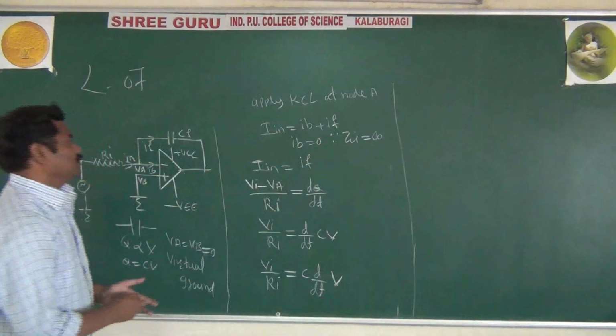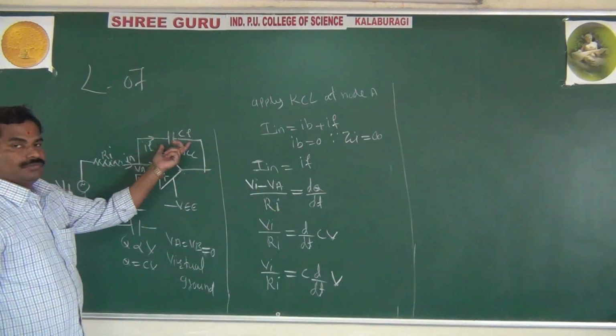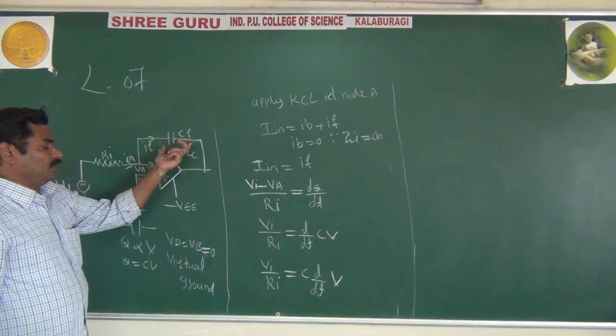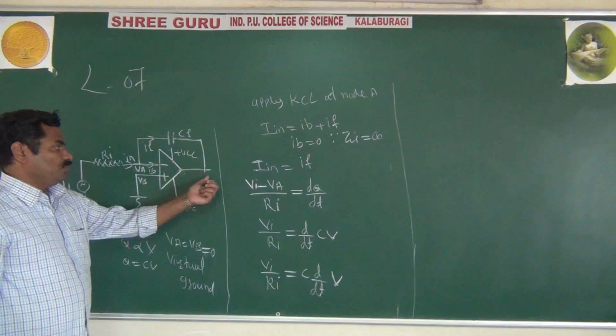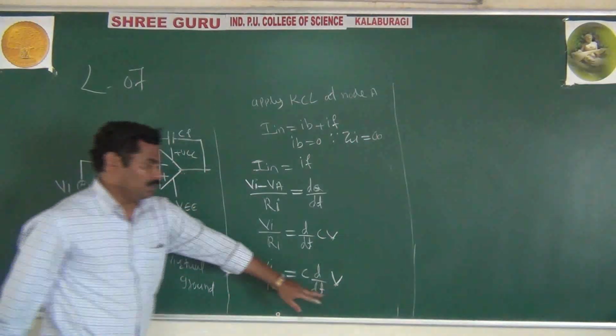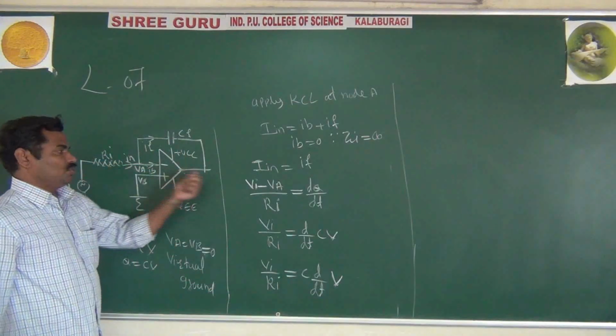As usual, the capacitor is on the output side. In place of V, we can write Va minus V naught.